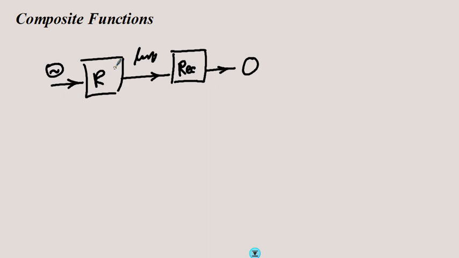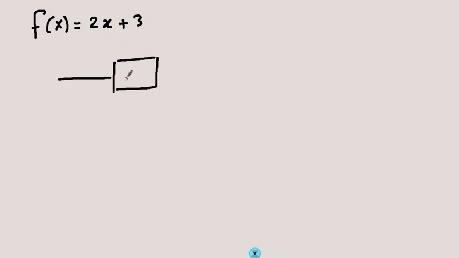In order to understand that fully, let's consider a function f of x that's equal to 2x plus 3. And to understand that, let's draw this in a block diagram format. The first box that we have is a multiplication by 2.